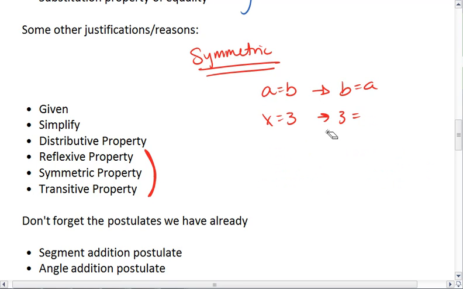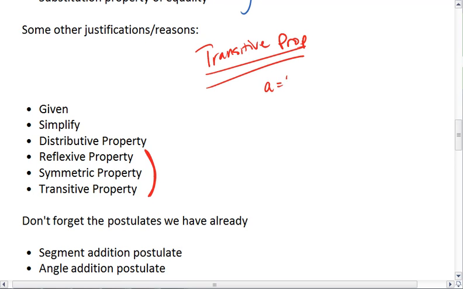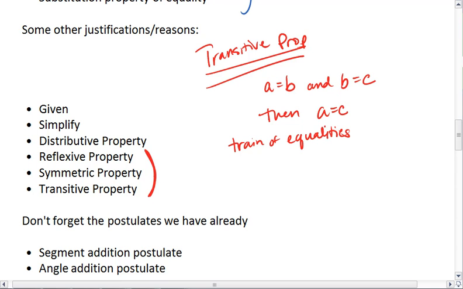Now let's look at the transitive property. The transitive property tells me that if A equals B and B equals C, then A equals C. Think of it as a train of equalities or equations.